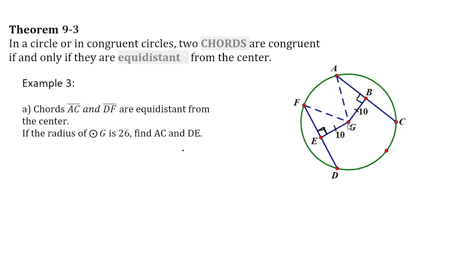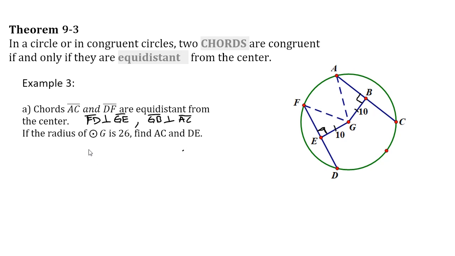We have congruent segments, but they're also perpendicular, so there is a 90-degree angle. So this statement here that the chords AC and DF are equidistant pretty much tells you a couple things: that FD is perpendicular to GE, and also that the segment GB is perpendicular to the segment AC.